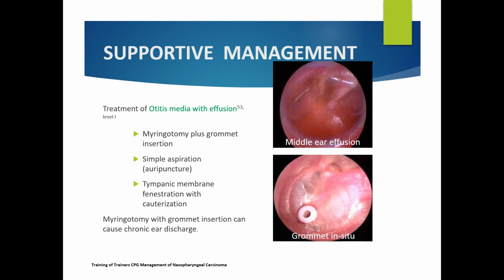To extract the fluid out, we might do myringotomy alone, or we can insert grommet to continuously take out the fluid from the middle ear. However, the complication of putting grommet is causing a chronic ear discharge. So the other alternative is by giving hearing aid to increase the patient hearing threshold.